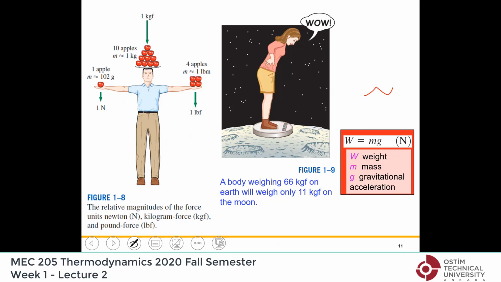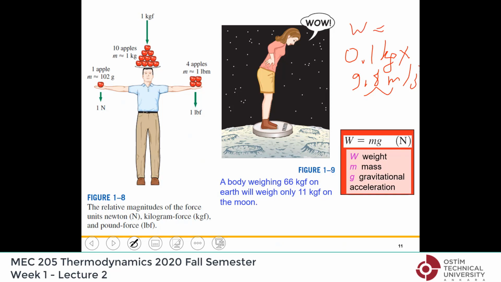So it is mg, and if you take a mass of like 0.1 kilogram, and the gravitational acceleration is 9.8 meter per second square, okay.